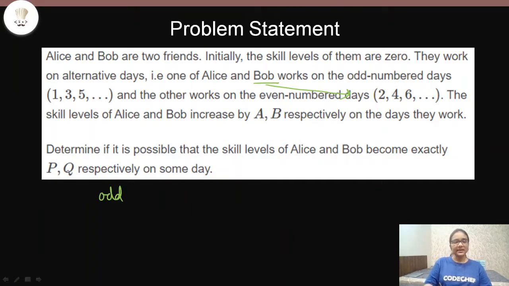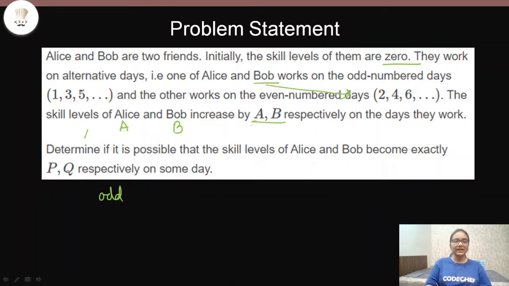Now the skill level of Alice and Bob will increase by A, B respectively. So for Alice the skill will increase by A, and for Bob the skill level will increase by B, because initially the skill level is 0 and it will increase according to the number of days that they work.